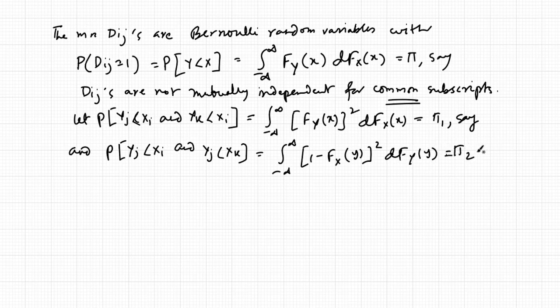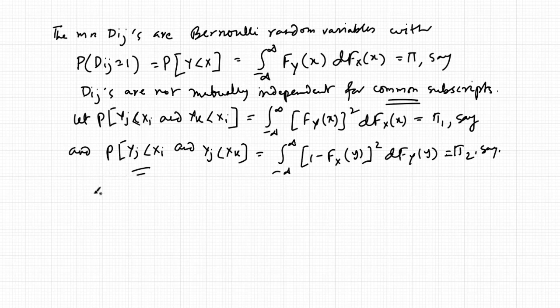And we see that this pi 1 is not equal to pi square, and similarly this pi 2 is not equal to probability Yj less than Xi into probability Yj less than Xk, that means pi square. So we conclude that Dij's are not mutually independent for common subscripts.